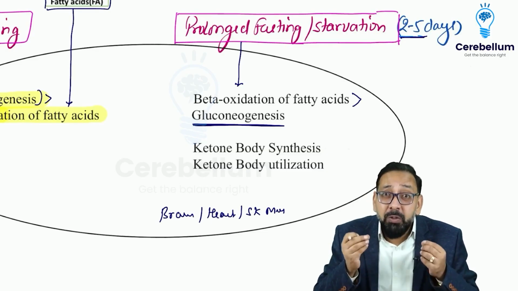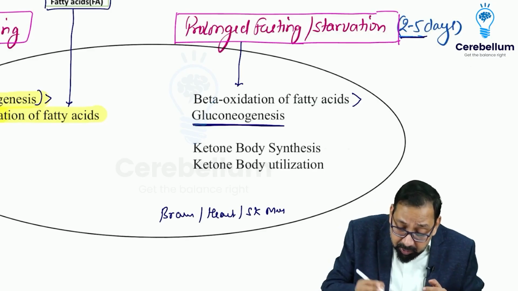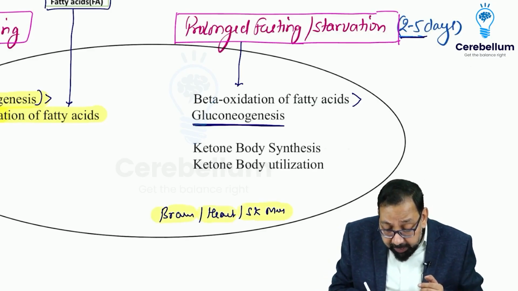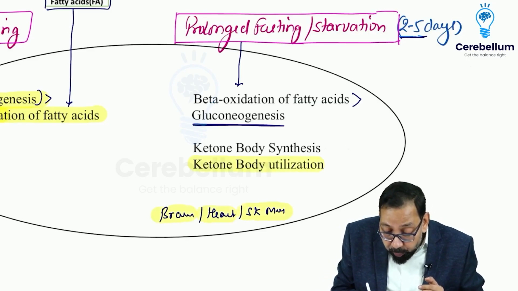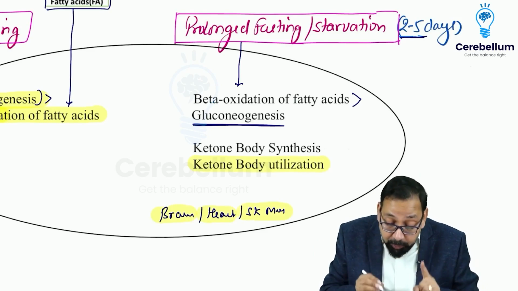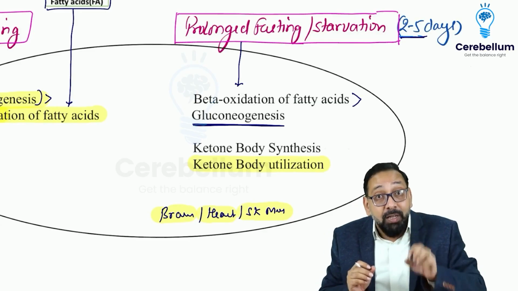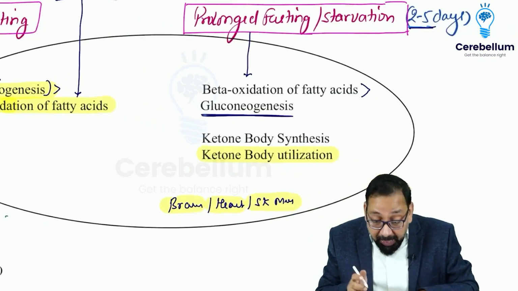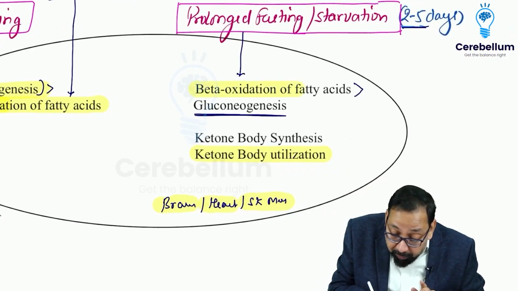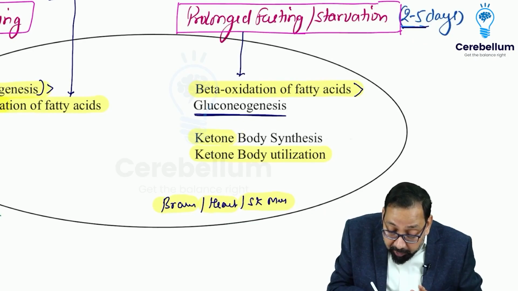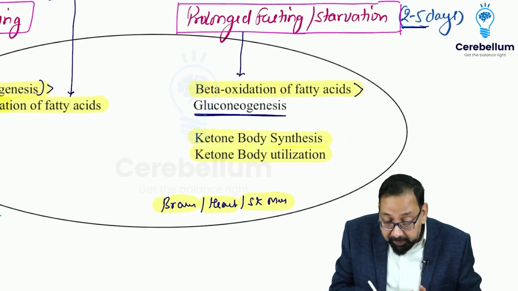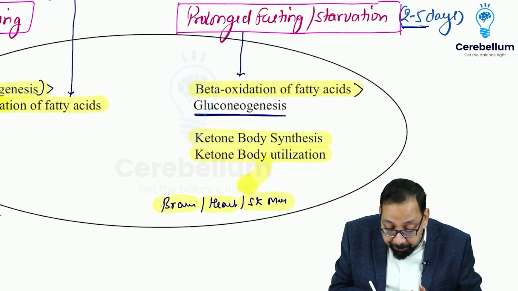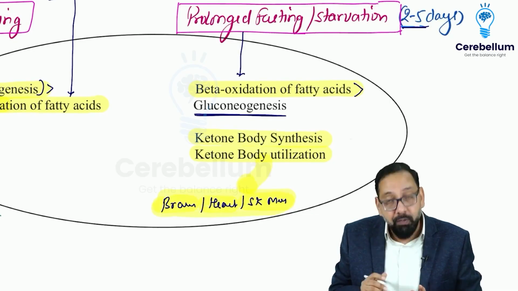Because our body knows that the most vital structures, brain, heart, and skeletal muscle, utilize ketone bodies in starvation. So the plan C of the liver is that if gluconeogenesis is decreasing, then beta oxidation will increase and ketone body synthesis will start, and these ketone bodies will be utilized by the most vital structures in our body.